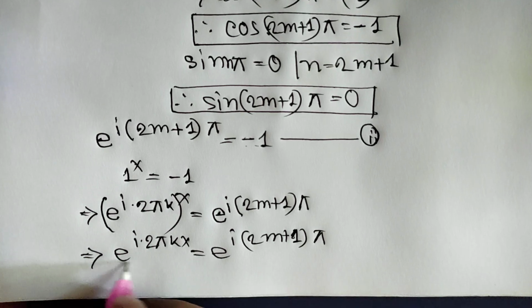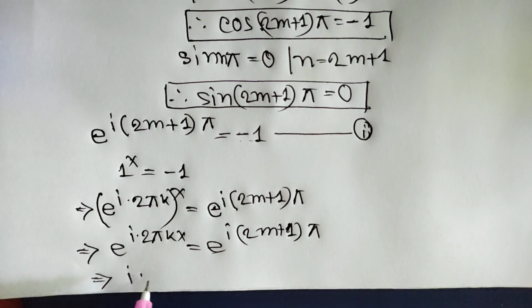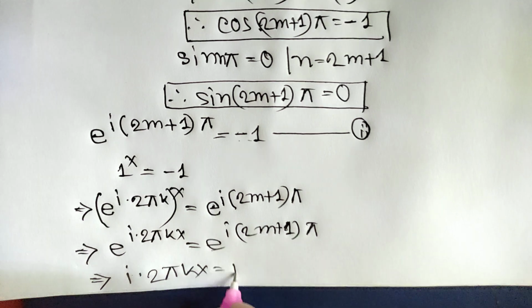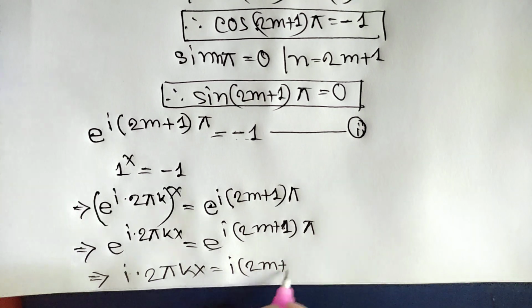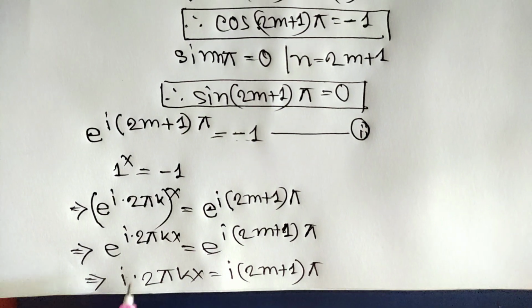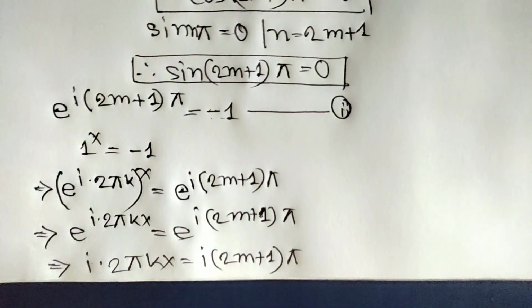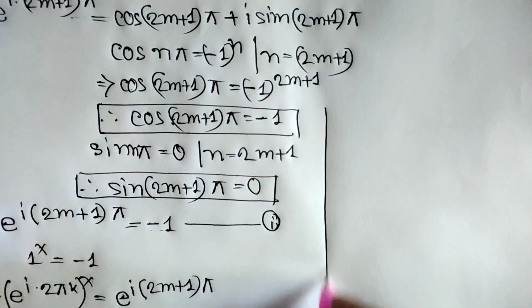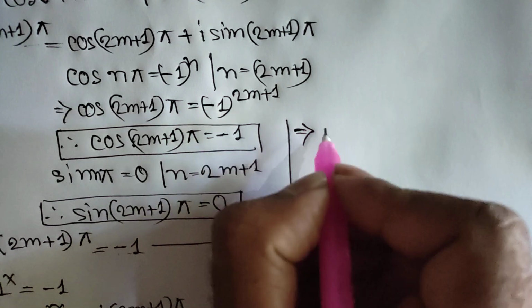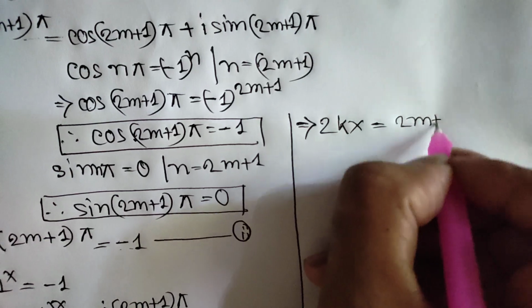Now attention here, there are same bases but different powers, so we can write power is equal to power. So we can write i times 2 pi kx is equal to i times (2m plus 1) pi. Now dividing both sides by i pi, we will get 2kx is equal to 2m plus 1.